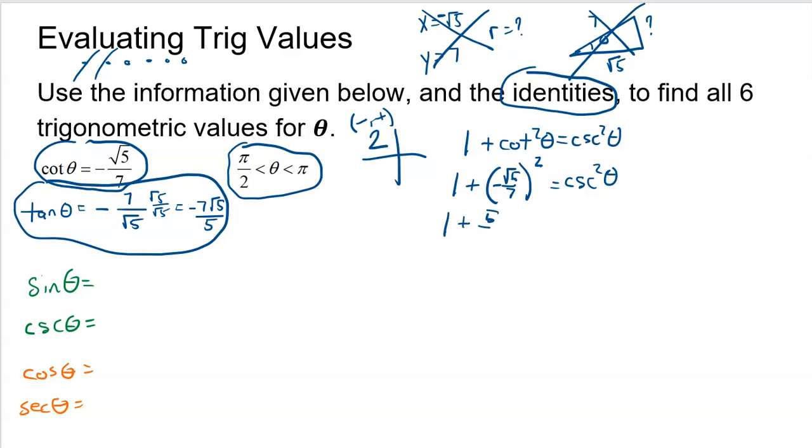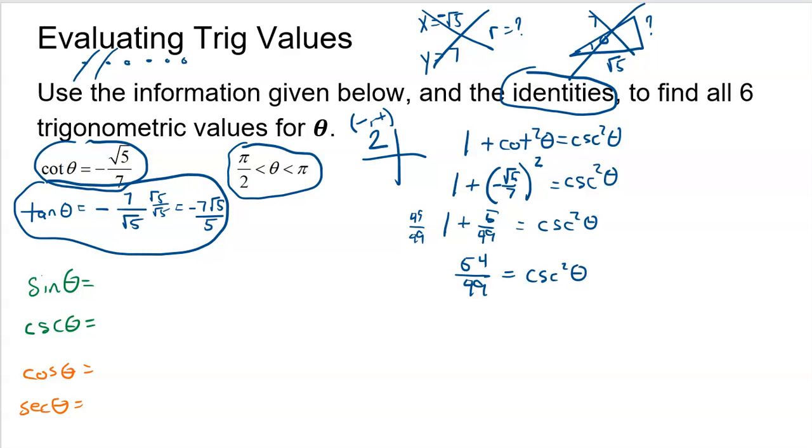That's going to be 5 over 49. Hope everybody understands that. Anytime you square a negative, you automatically get a positive. Square root of 5 squared is 5. Square root of 7 squared is 49. Easy math. Now I have to add. I'm going to treat 1 as 49 over 49 to give myself a common denominator. 49 over 49 plus 5 over 49 is 54 over 49. So far, this is really simple math. Hope you agree with me.